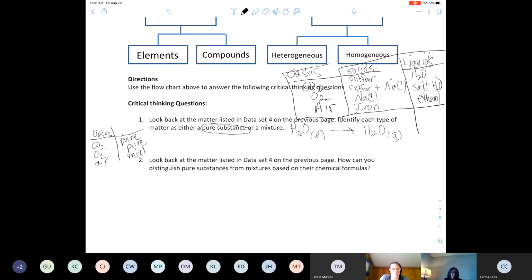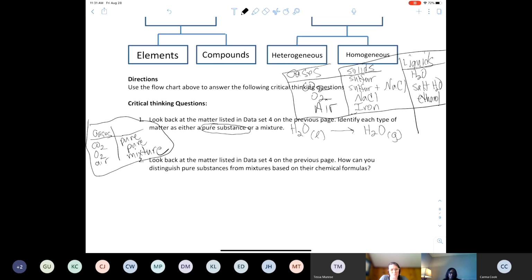And so this is how we can answer question 1. So our gases, the first 2 were pure substances, but the air is a mixture of nitrogen, oxygen, and CO2.